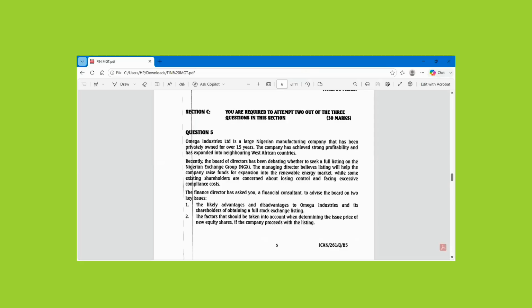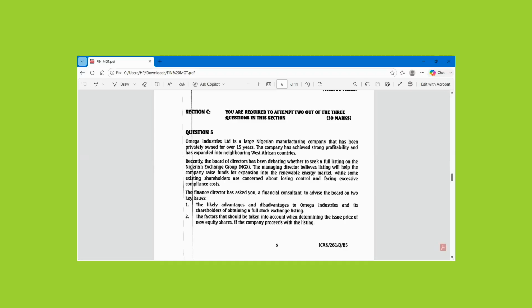Omega Industries Limited. Omega Industries Limited is a large Nigerian manufacturing company that has been privately owned for over 15 years. The company has achieved strong profitability and has expanded into neighboring West African countries.